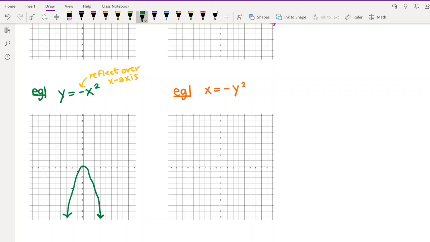So whereas the graph of y is equal to negative x squared had points like -2, -4, this one is going to have points like -4, -2. So 0, 0 is going to stay the same, and the points that were here and here are going to now be here and here.